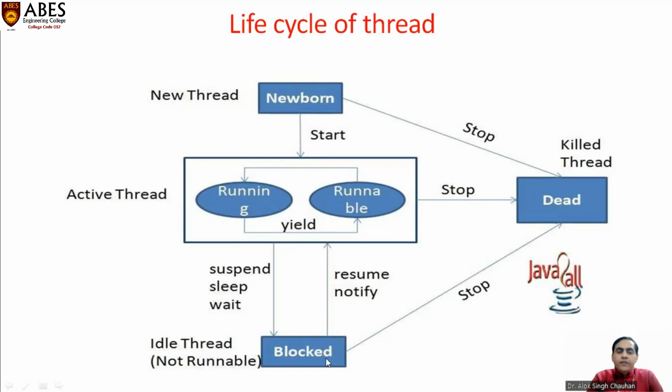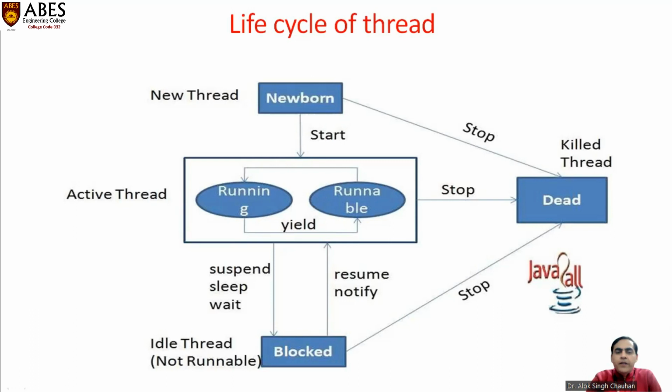Similarly, the next state is blocked. If we want to stop a thread temporarily, not permanently, we can use the blocked state. We can use the suspend method, sleep or wait method. If you use any of these methods, then the active thread becomes an idle thread. That means it will go from the runnable or running state to the blocked state, that is, not runnable.